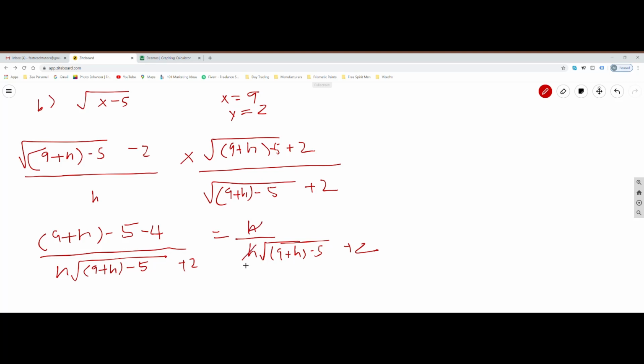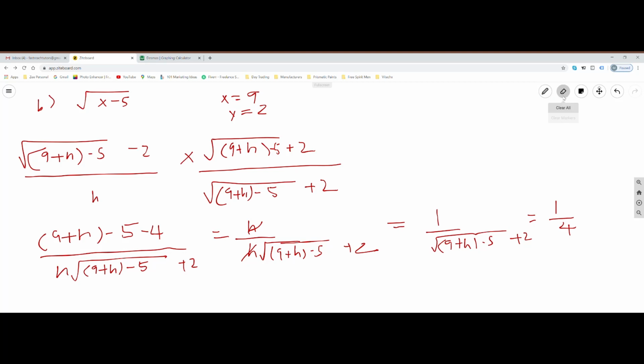So the h's cancel and you're left with 1 over the square root of 9 plus h minus 5 plus 2. Substituting 0, 9 plus 0 is 9, minus 5 is 4, square root of 4 is 2. So 1 over 2 plus 2 is 1/4.